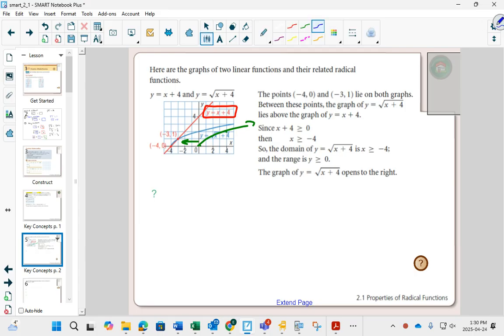Wherever you have 0 and 1, when you square root it, it won't change. So does that make sense that when the red graph's y value is 0 and the y value is 1, then if you square root it, you would still get 0 and 1.